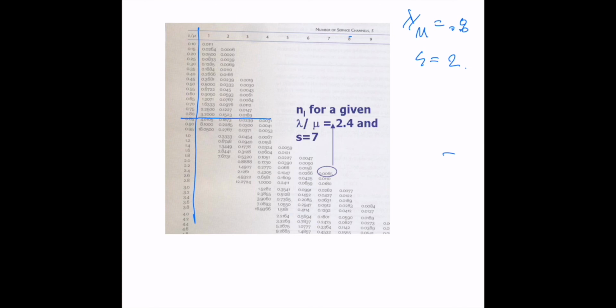And the number of servers is 2, so we want to focus on this 2. So what is the value? The value that you are looking for is this. So the answer NL for this question is 0.1523.